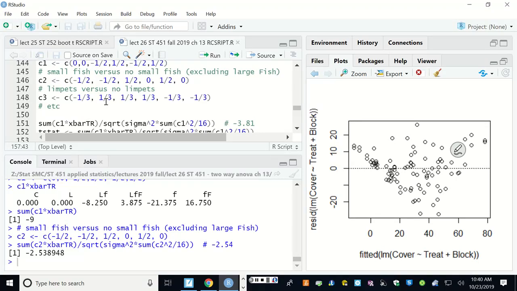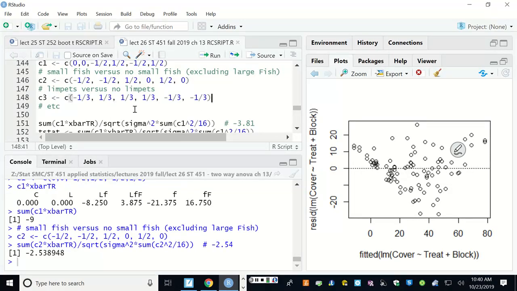I could have made all these 1s and negative 1s, and they would have added up to 3 and negative 3. It's in both the numerator and the denominator, so it would cancel out in terms of that factor.